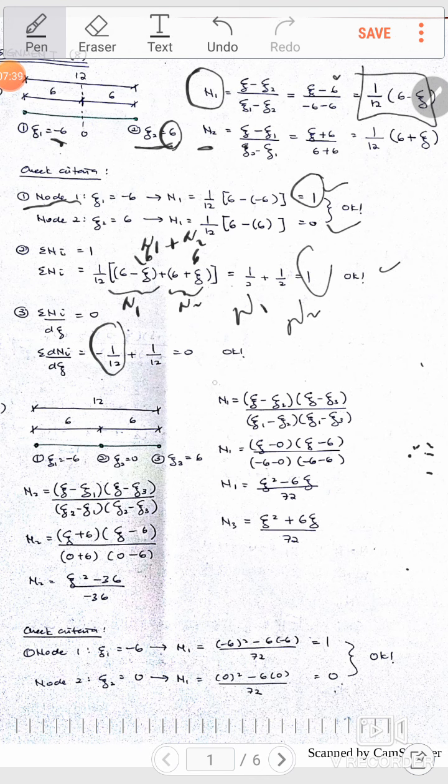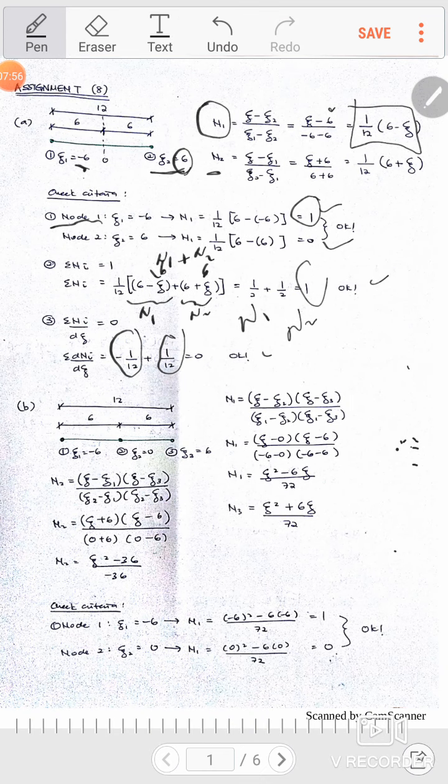For node number 2, same, only 1 over 12. So the summation will be 0. This is just the basics of how you can solve the Lagrange method if you have 1D, with one element or more than one element.